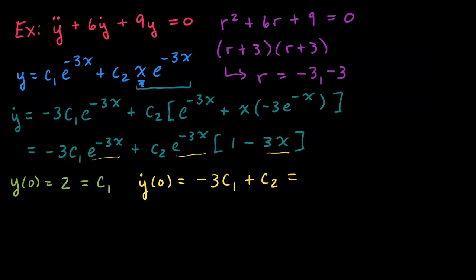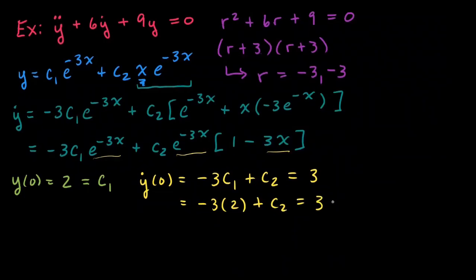And that equals, let's say we were given that equals 3. Okay, so what I have then is negative 3 times 2 plus c2 equals 3. And we see from that c2 equals 9.